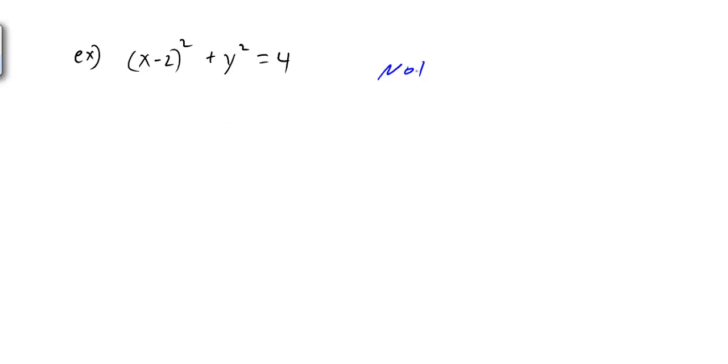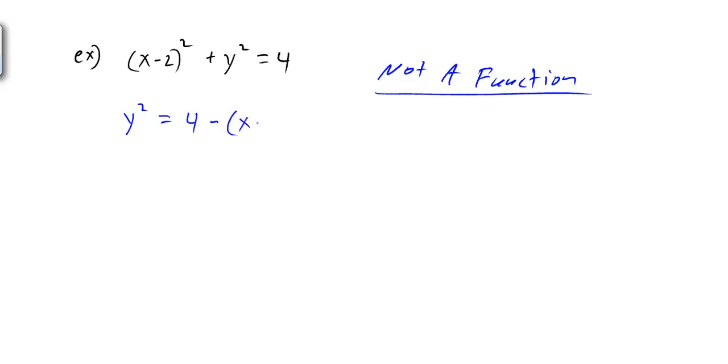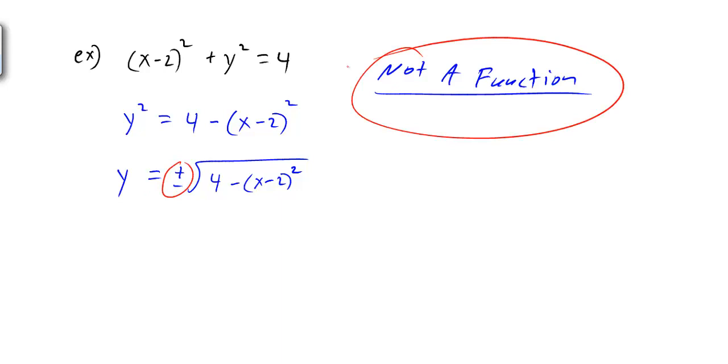You're going to end up with repeated x values. If we solve for y, we have y squared equals 4 minus (x minus 2) squared. Then we need to take the square root, so y is equal to plus or minus the square root of 4 minus (x minus 2) squared. Because of the plus or minus again, this equation is not a function of x.